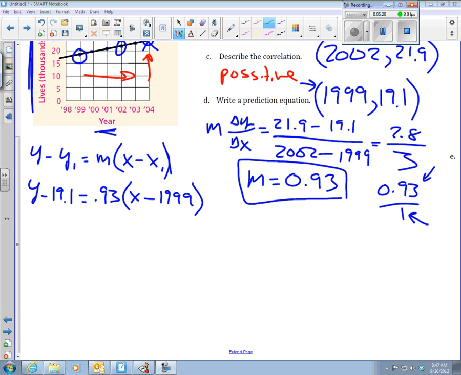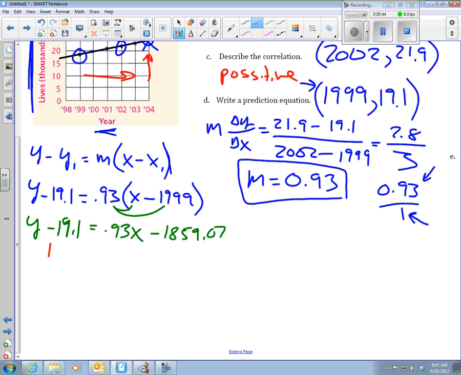Okay, so simplifying here, y minus 19.1 equals, using the distributive property now, 0.93x minus 0.93 times 1999, which is 1859.07.